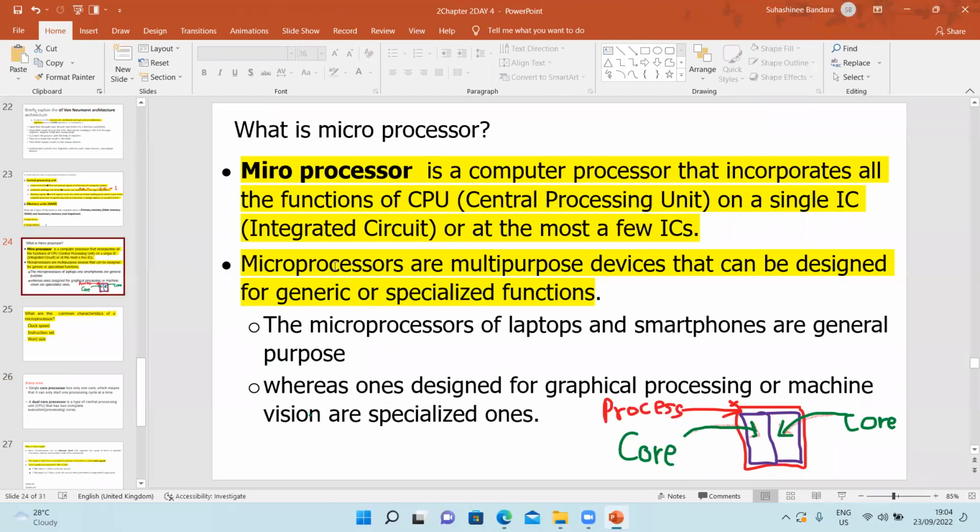If the processor is partitioned into partitions, we call it coprocessors. If there is a single process, or else the single process can be partitioned into two, then that will be dual core.